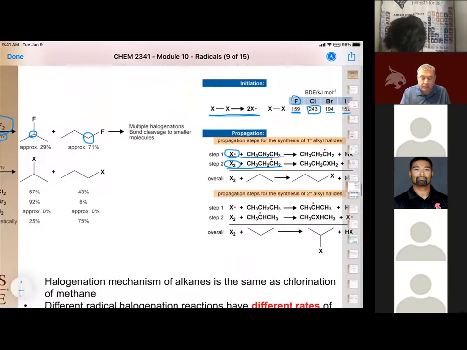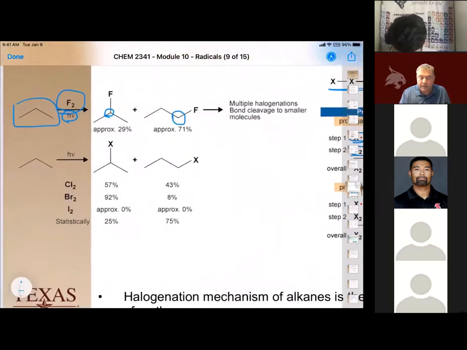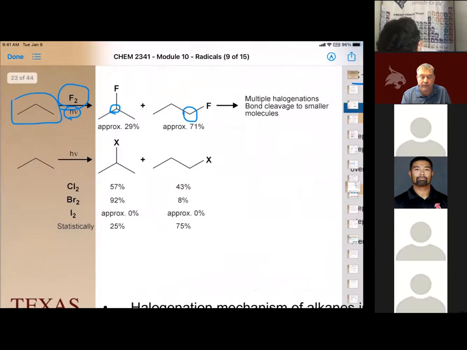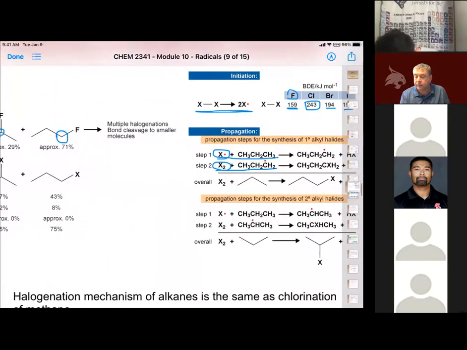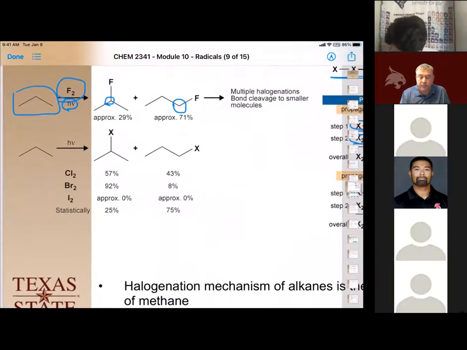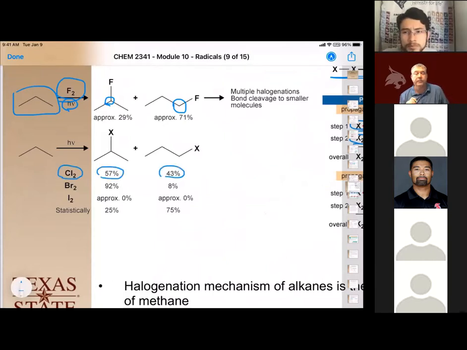So let's look at the effect of having different halogens on that selectivity. Fluorine was about 160. Chlorine was the highest energy to break, and we have roughly a 50-50 mixture.